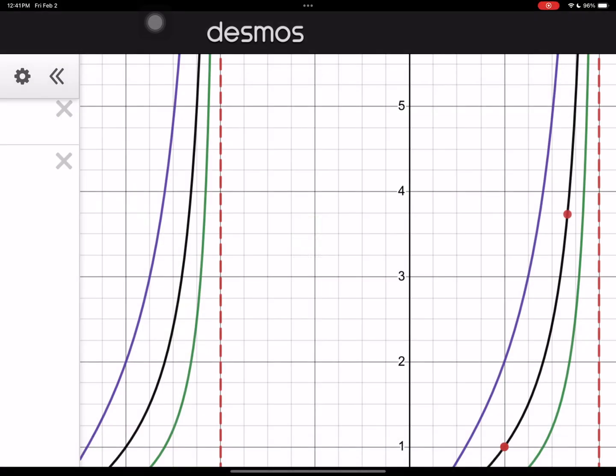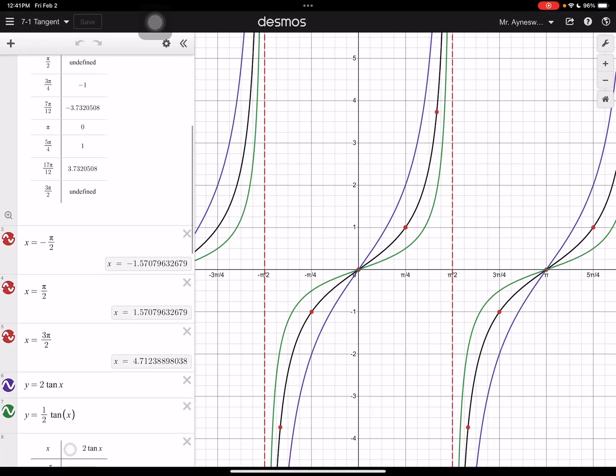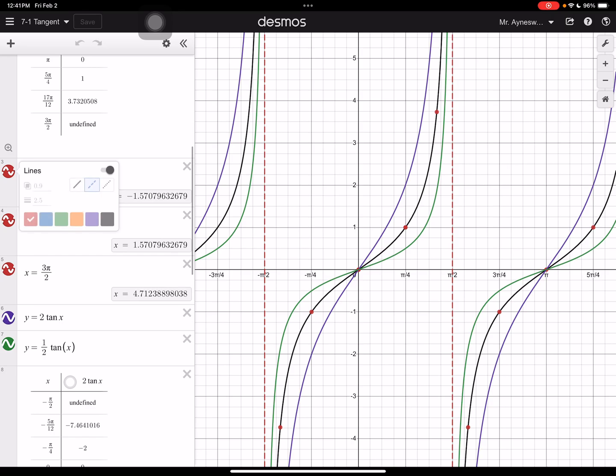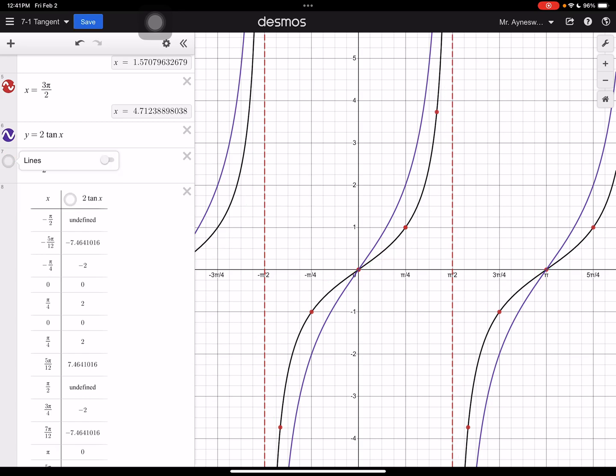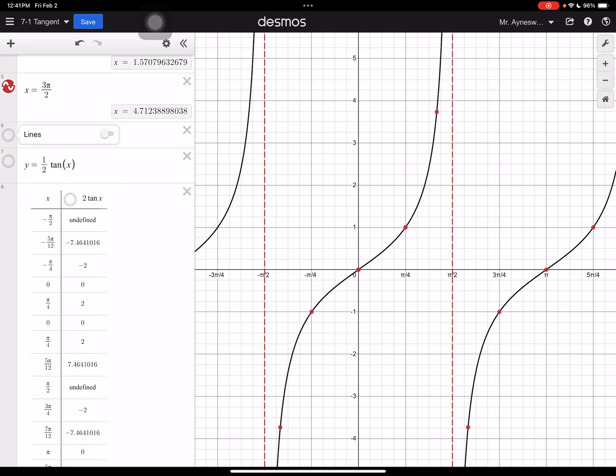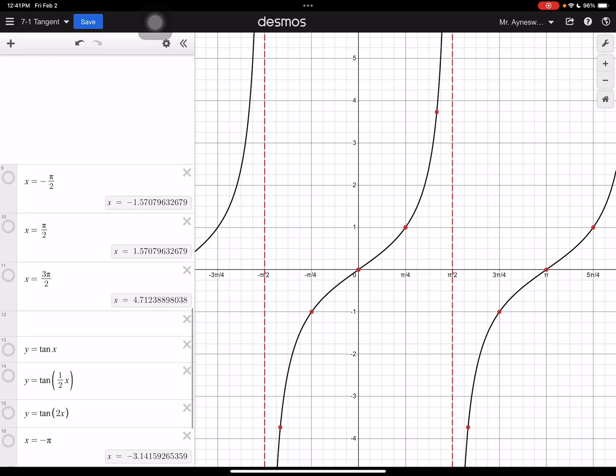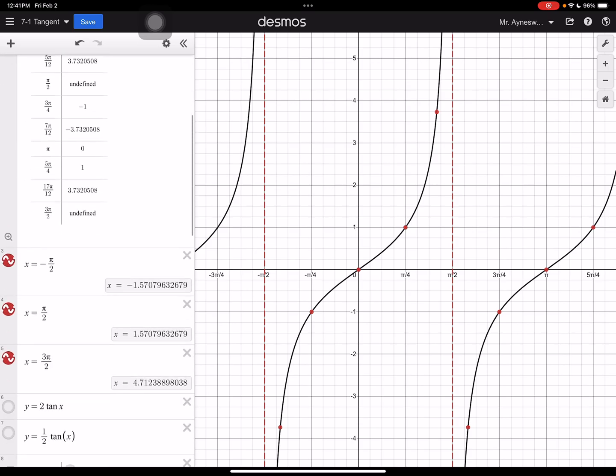Go full screen so you can take a look at this. I only want to look at one function at a time, and I have a lot of functions loaded in already.